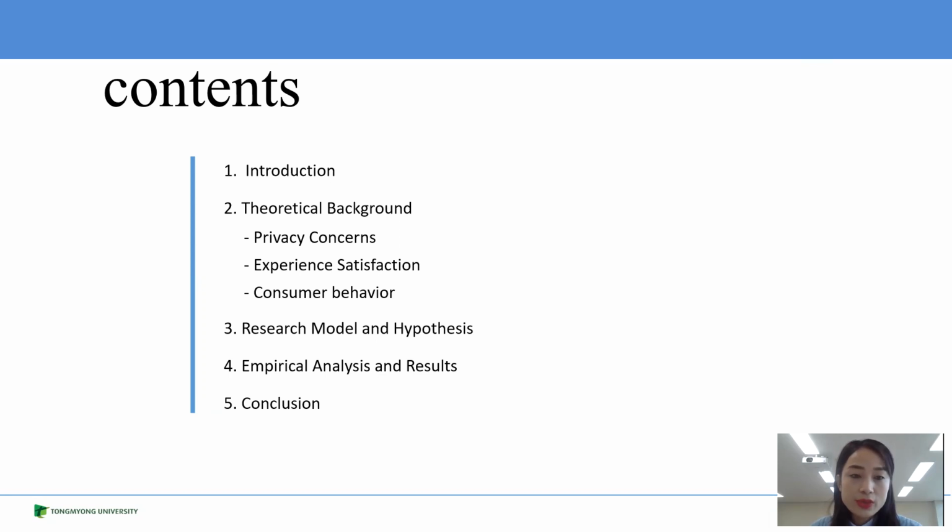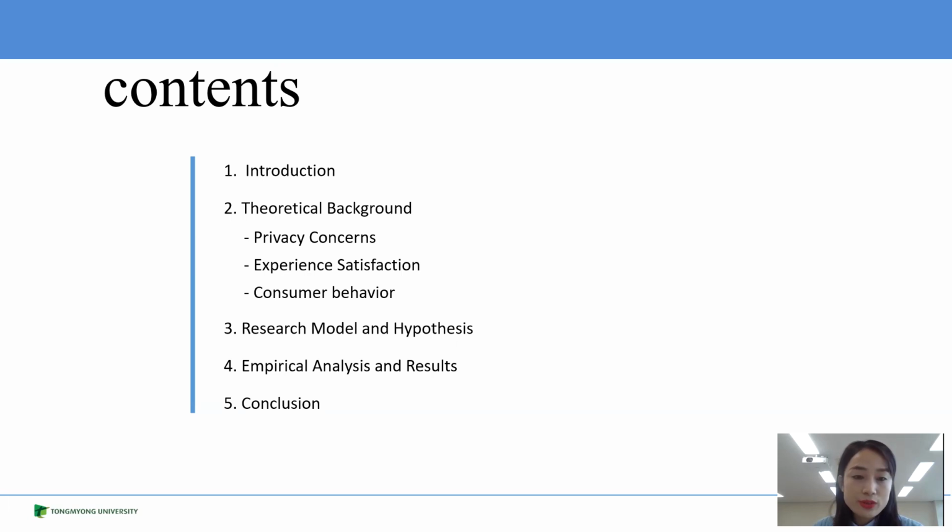3. Research model and hypotheses. This part constructs the research model of this article and proposes research hypotheses on this basis. 4. Empirical analysis and results.